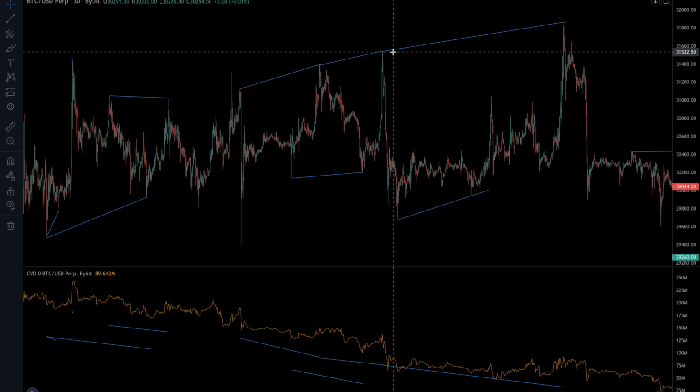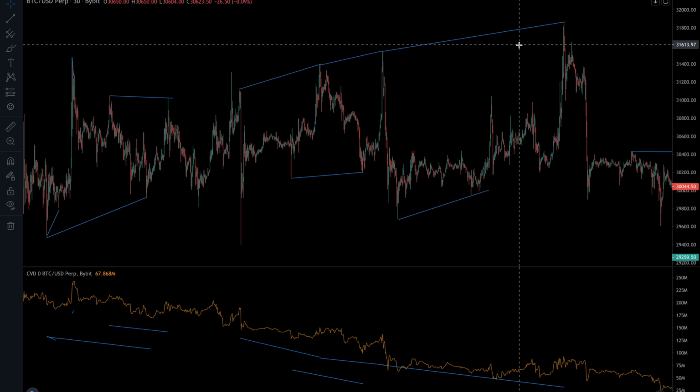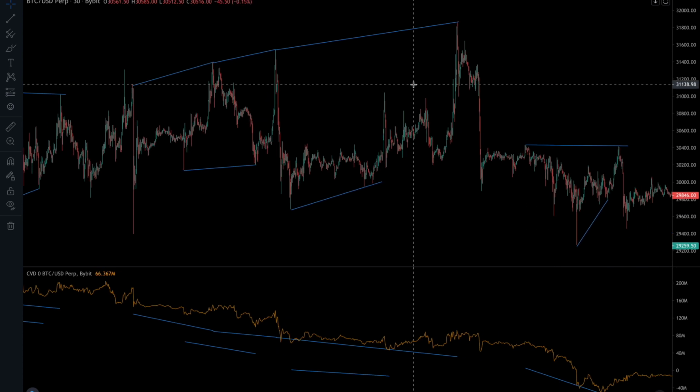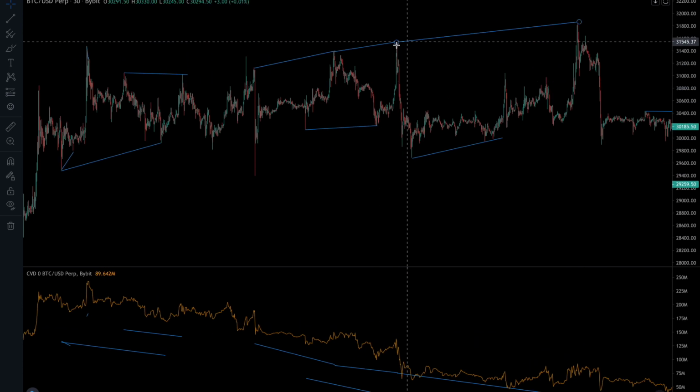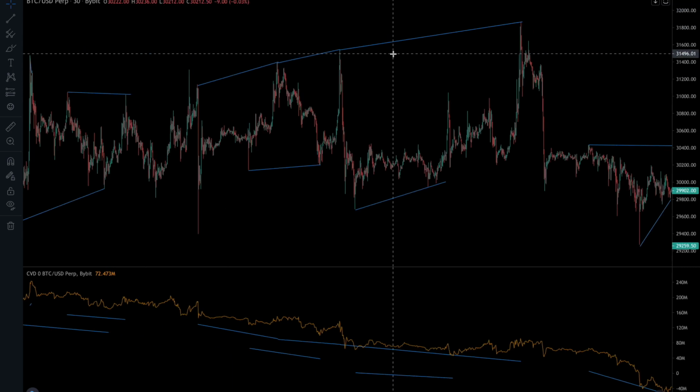Each time we created new highs, there were fewer market buying participants. The buying volume of the market orders, the delta, was lower, so there were not enough market participants to push the price higher, which from my perspective could also be perceived as some kind of manipulation done by some large players.